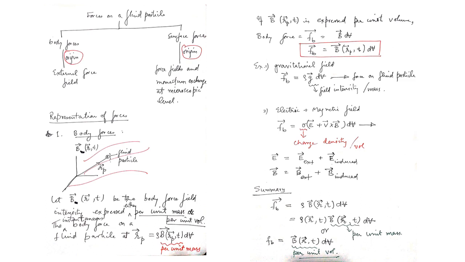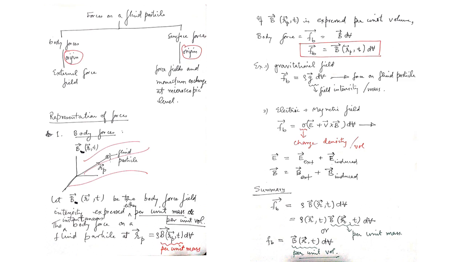Anyway, right now I'm not going to teach you electromagnetic induction, so I'll just simply say that the total field E and B must be the combined effect of the external fields as well as the induced values of the field. So this comes to the completion of mathematical representation of body forces.